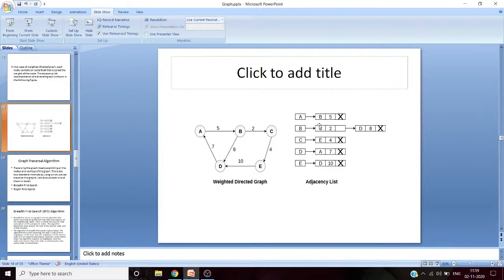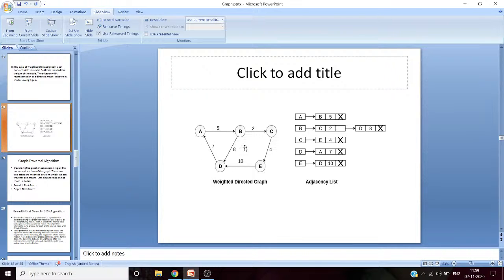Next, in case of a weighted graph, we just have to put two parts in the node. One will be the name of the node, that is B or C or E, whatever, and one will be the cost or weight of the edge.